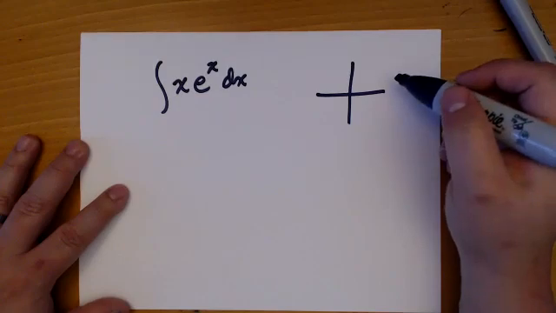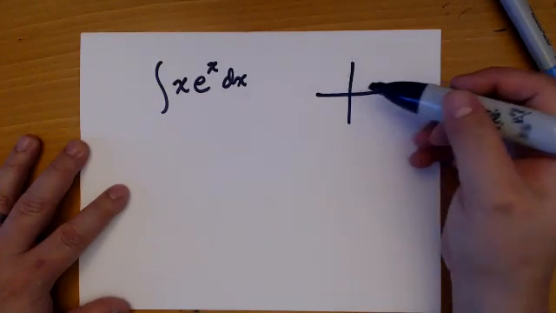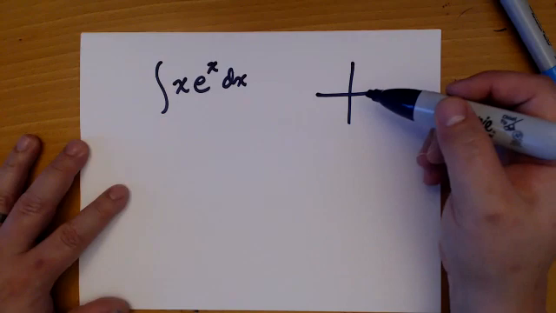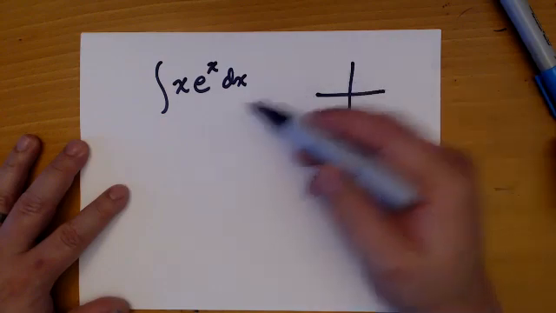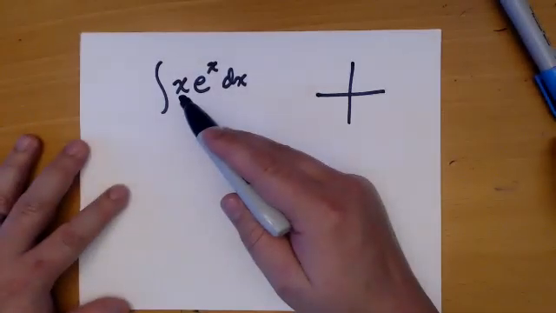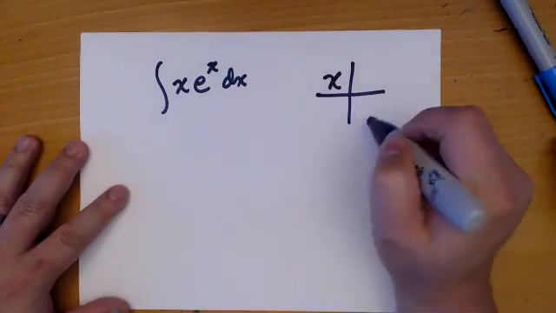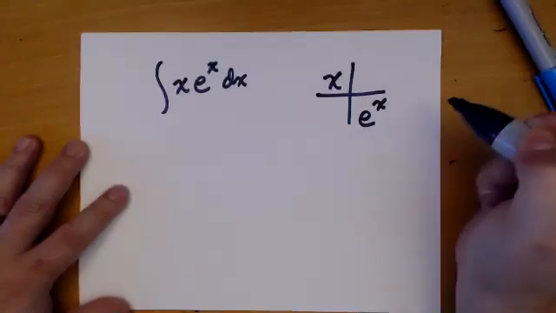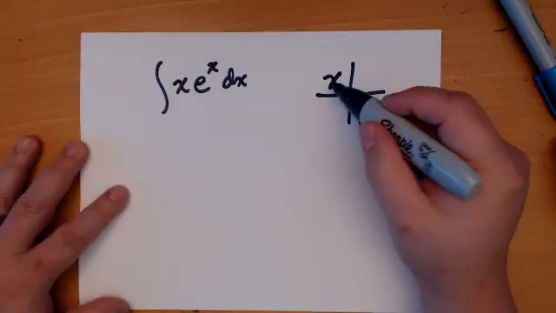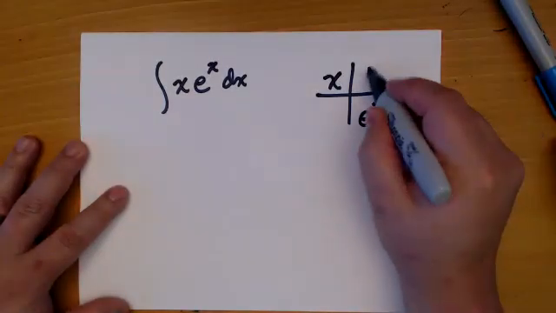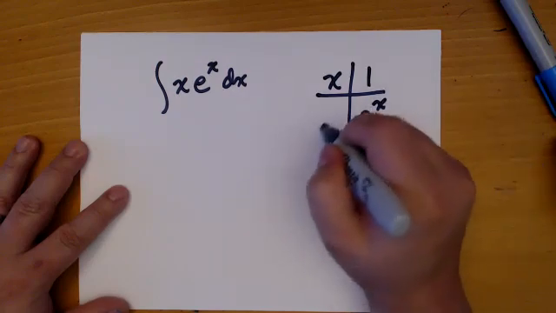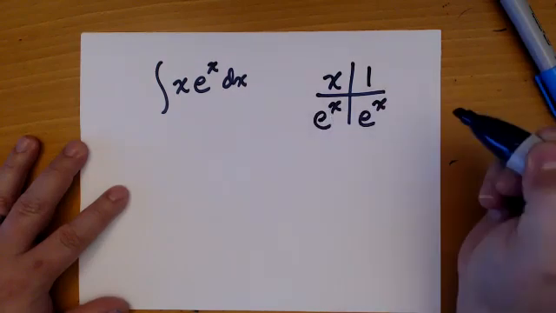So both of these are easy to take a derivative of, but one of them goes away, and that's what's better. Picking the thing that disappears is easiest, and the other guy goes here. So the derivative of x is 1, and the integral of e to the x is e to the x.